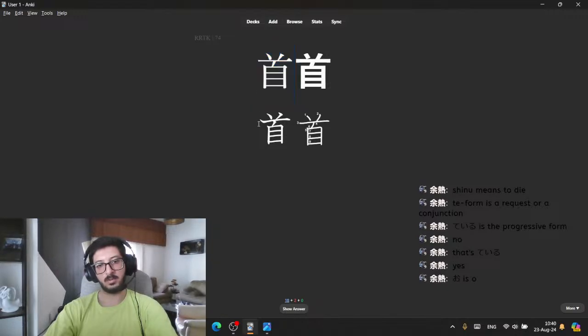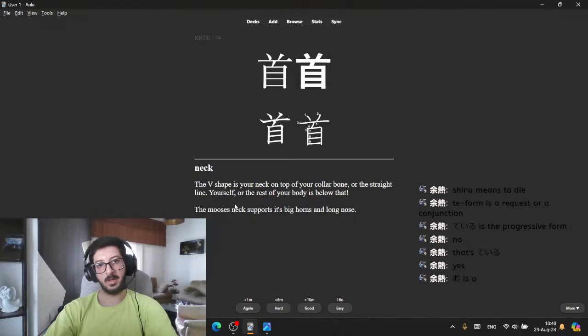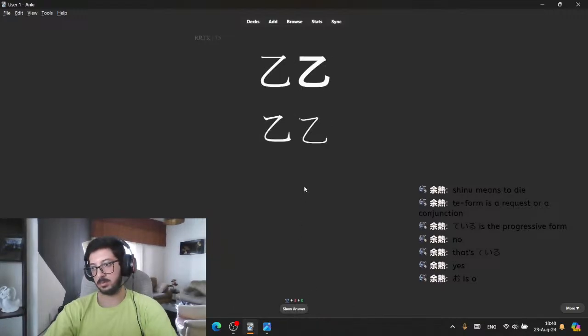Two drops. Neck. The V shape is your neck, on top of your collarbone or a straight line. V-shaped neck, collarbone. Yourself or the rest of your body is below that. The moose's neck supports its two big horns and long nose. That's it.